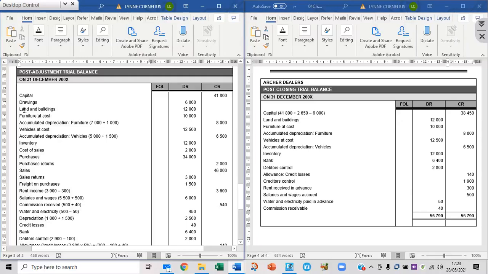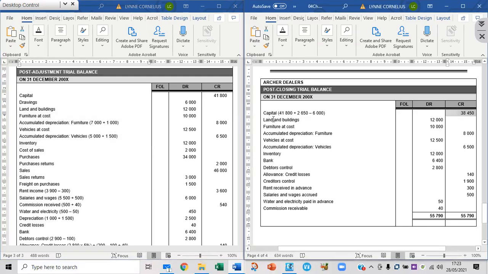Next accounts that we look at then: land and buildings, furniture, accumulated depreciation, vehicles, and accumulated depreciation on that, and also inventory. The land and buildings and the furniture at cost and the vehicles at cost, those amounts are transferred as is from the post-adjustment trial balance.